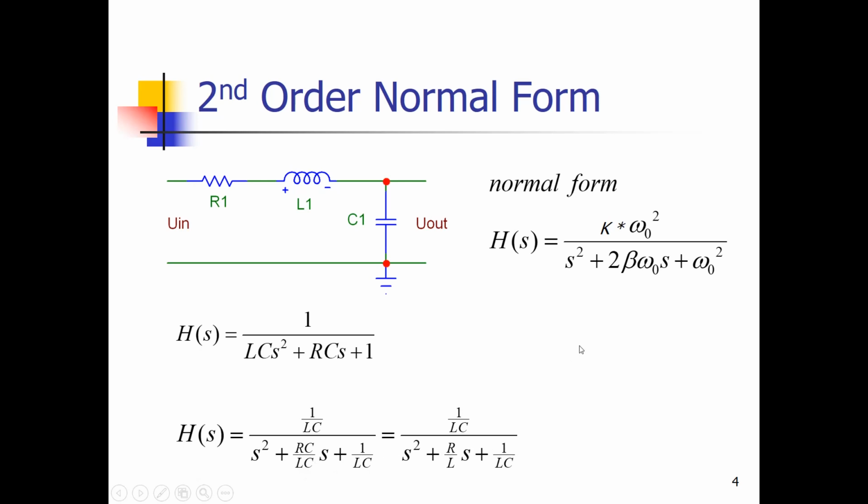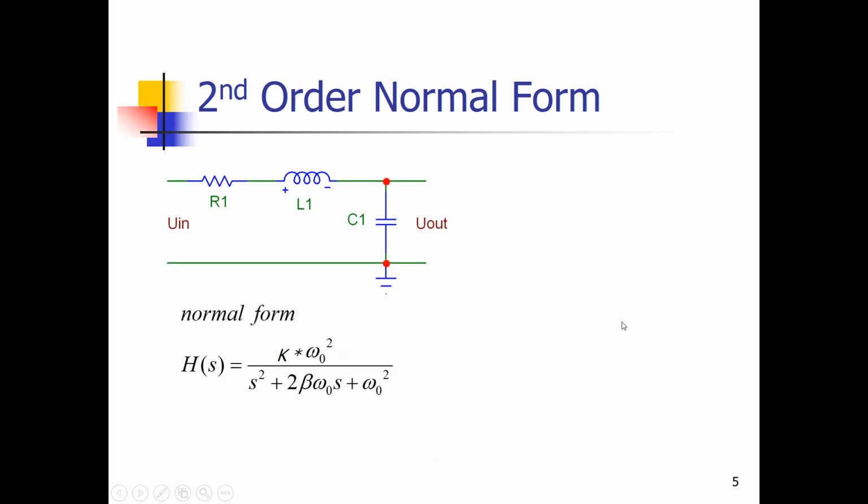And now I can compare this with the normal form. So this is my normal form, and this is the expression for the transfer function of this system. And now I can say 2 times beta times omega 0 should be equal to R over L. And of course, omega 0 squared should be equal to 1 over LC.